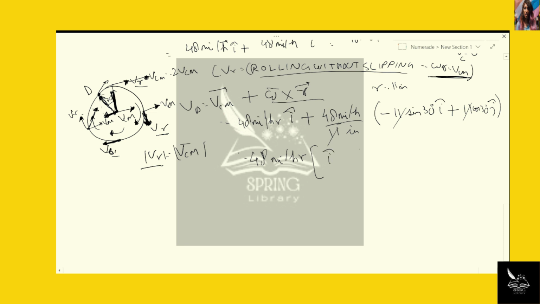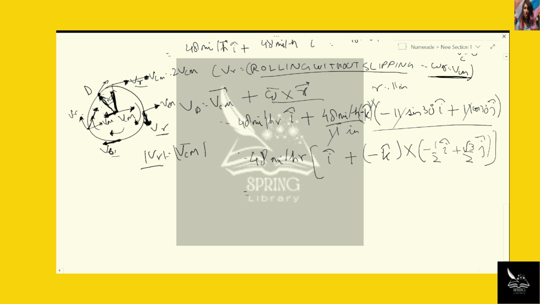Then we have I. Remember the omega was pointing down, so its direction is minus k, cross this number. Now minus sin 30 is minus half I, and then cos 30 is square root 3 over 2 j.